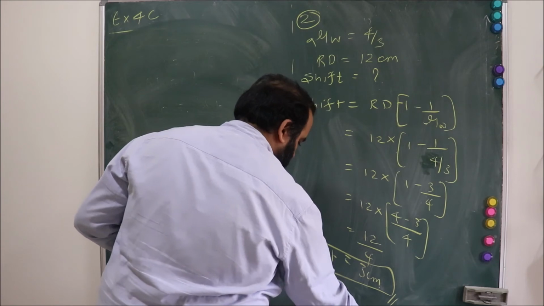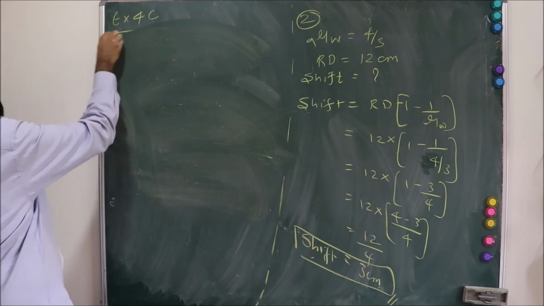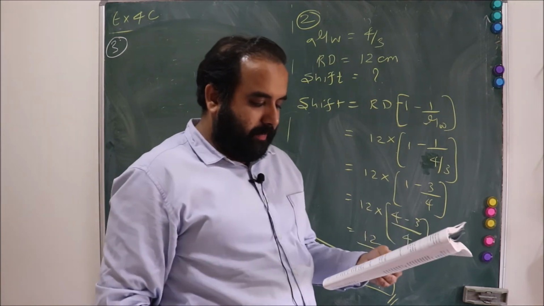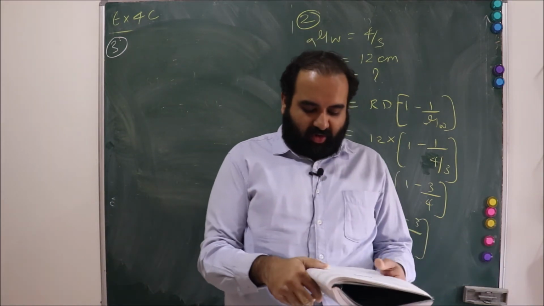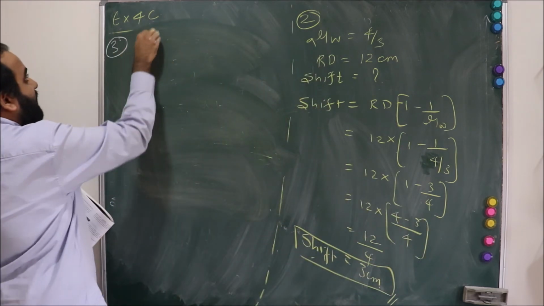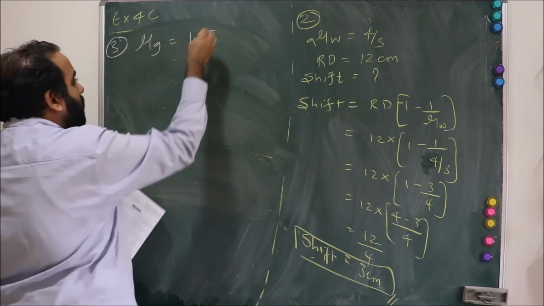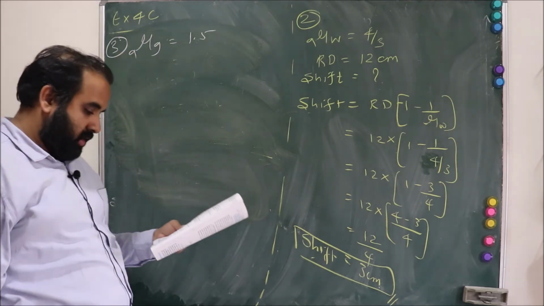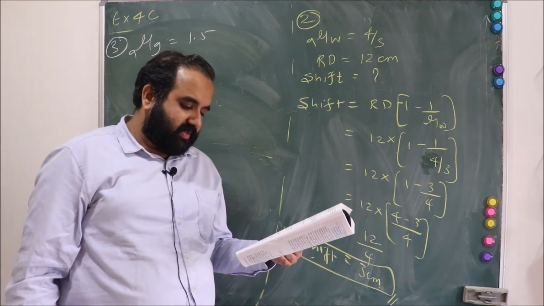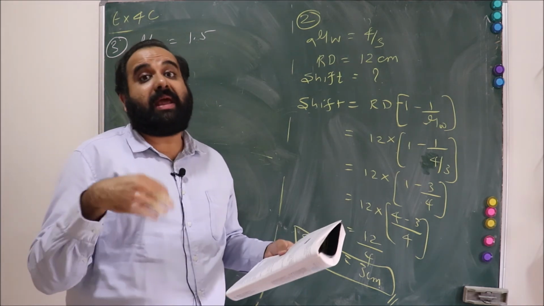Third question now. A postage stamp kept below a rectangular glass block of refractive index 1.5. So the refractive index of glass is given to me as 1.5, again with respect to air. When viewed from vertically above it, it appears to be raised by 7 mm.